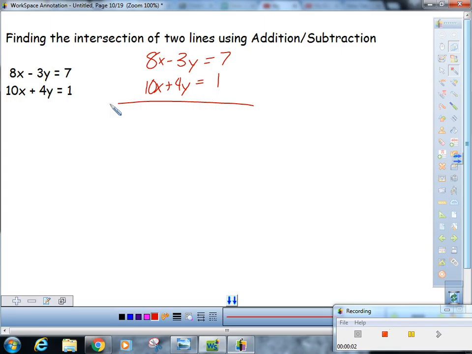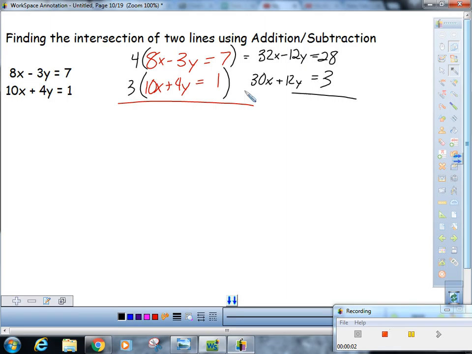Let's multiply the top one by 4 and the bottom one by 3. I'm multiplying both sides by 4, so I am allowed to do that. You get 32x minus 12y equals 28, and multiply this whole thing by 3, and that gives me 30x plus 12y, okay, that's why I did that, equals 3.